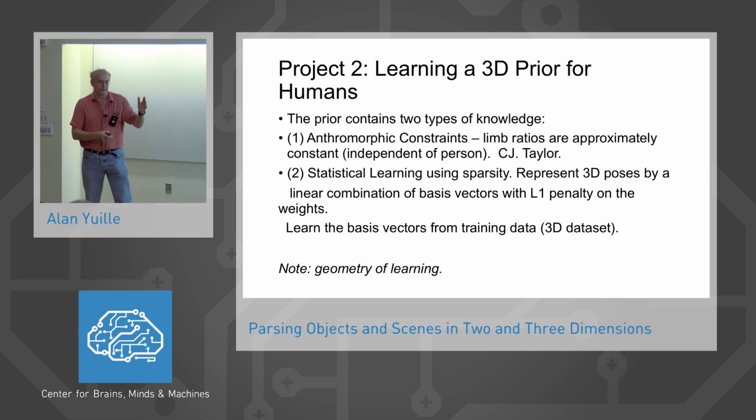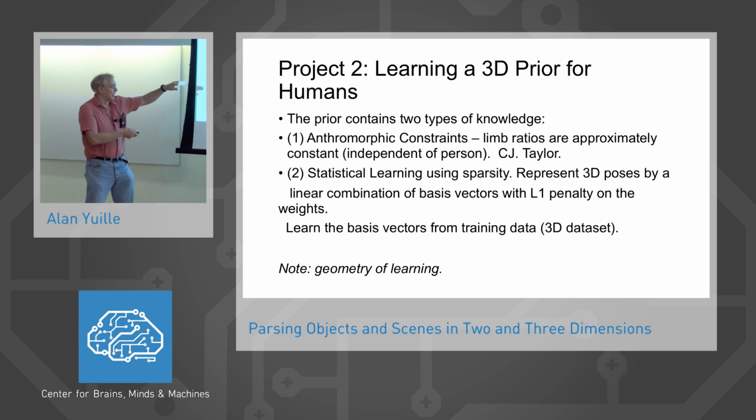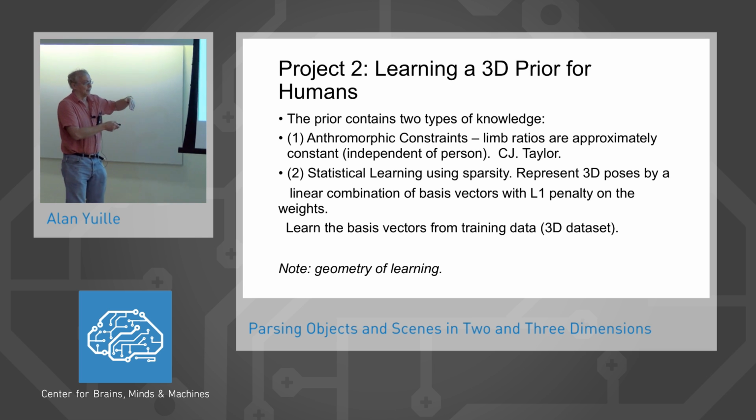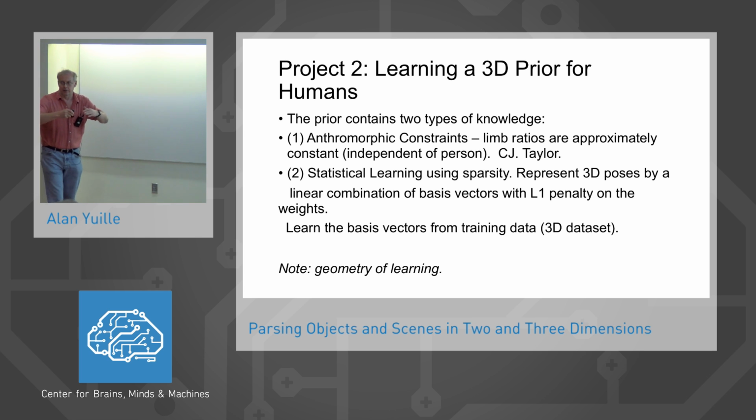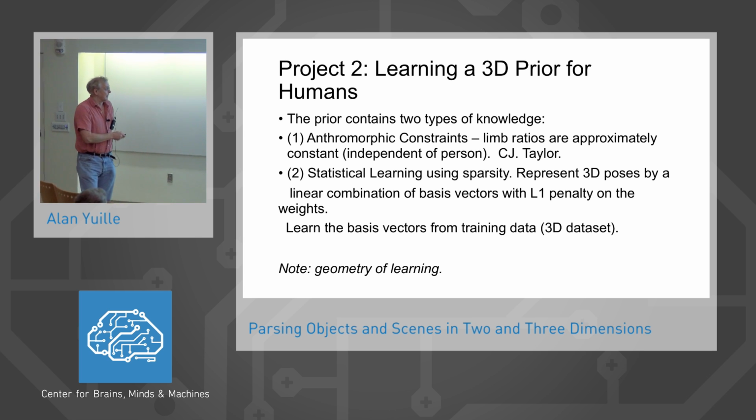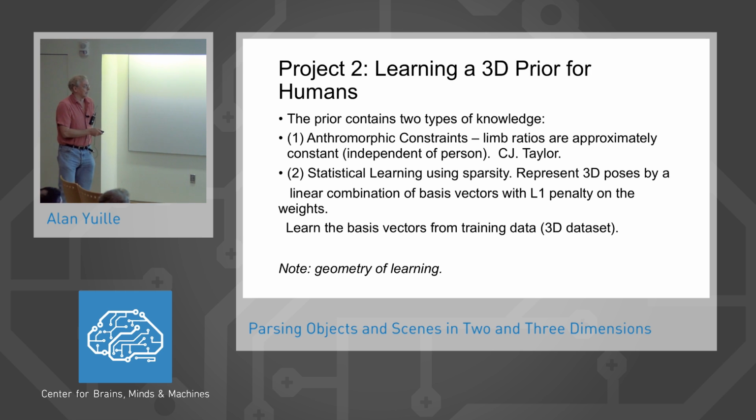But if you throw sparsity into it, you are effectively allowing yourself only to use part of this linear space, and so you're ruling out a number of configurations which are just not relevant. And then you learn the basis from training data.